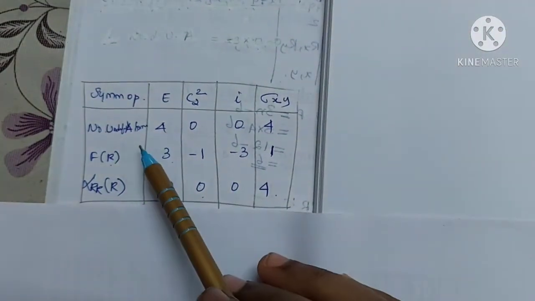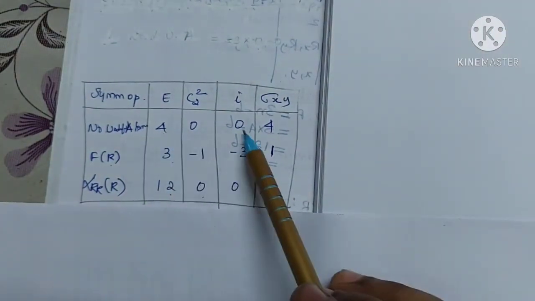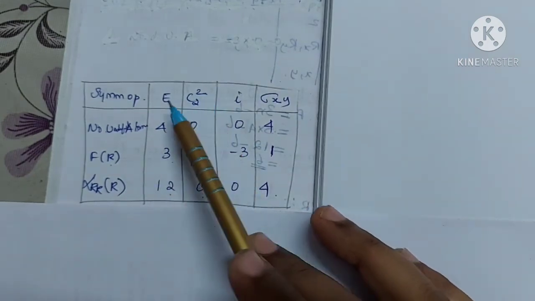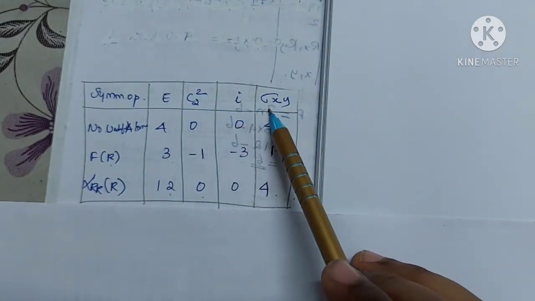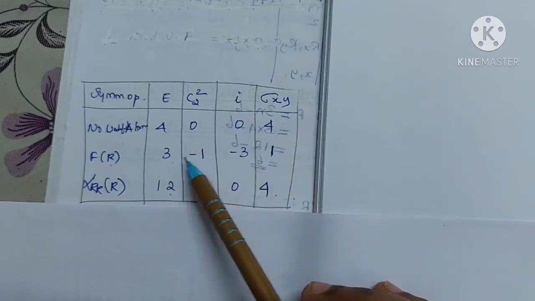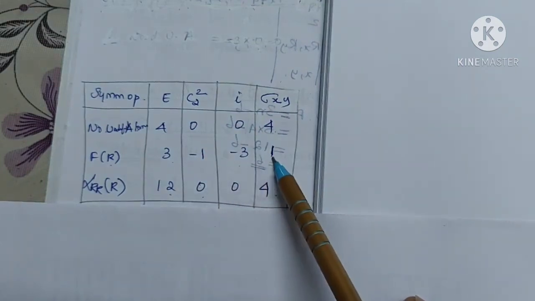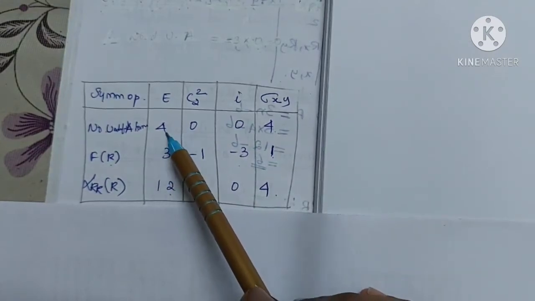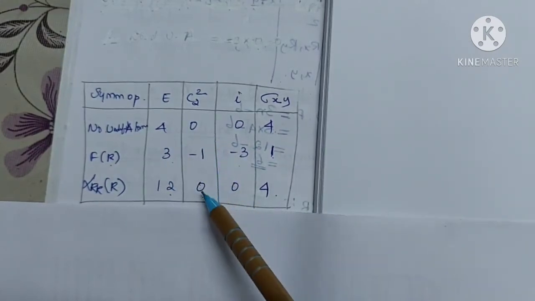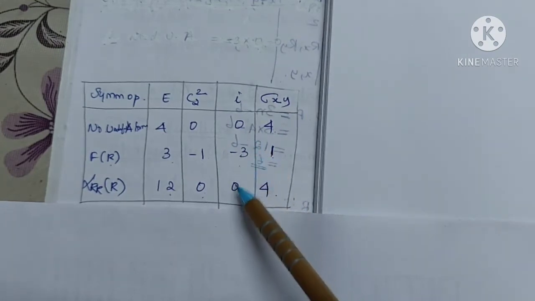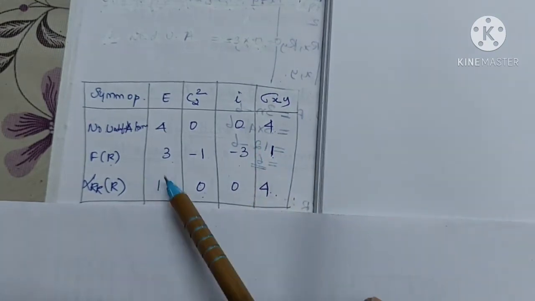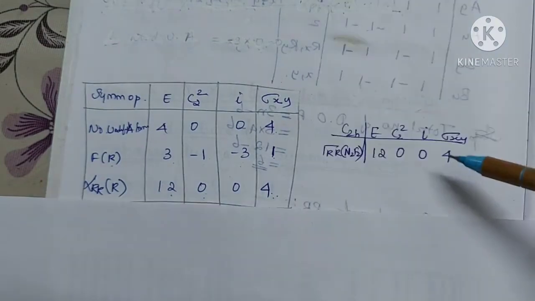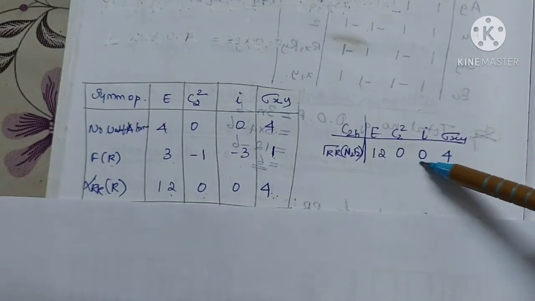The number of unshifted atoms is 4, 0, 0, 4, and the characters of these operations are 3, minus 1, minus 3 and 1. We have to multiply these: 4 into 3 is 12, 0 into minus 1 is 0, 0 into minus 3 is 0, and 4 into 1 is 4. So the reducible representation is 12, 0, 0, 4.